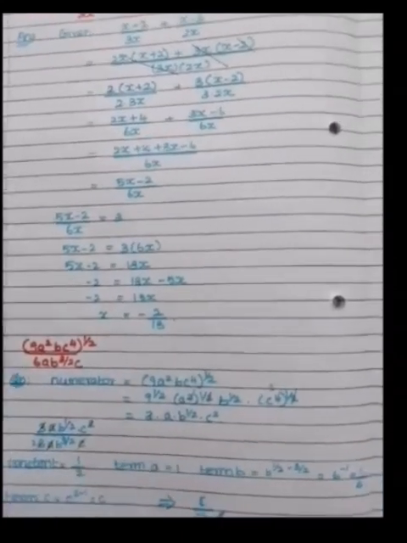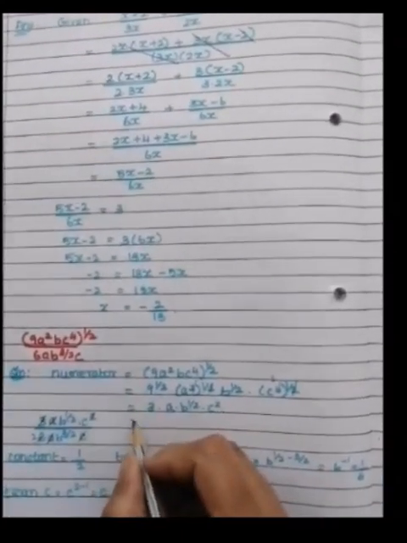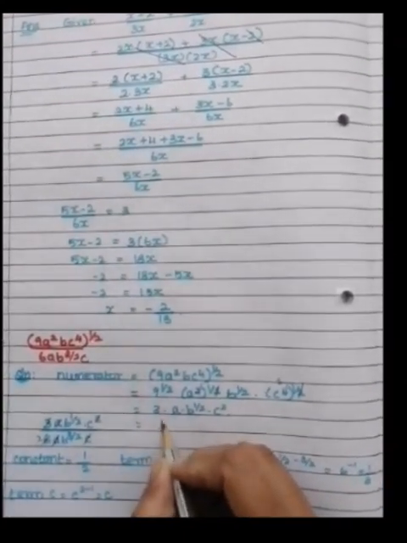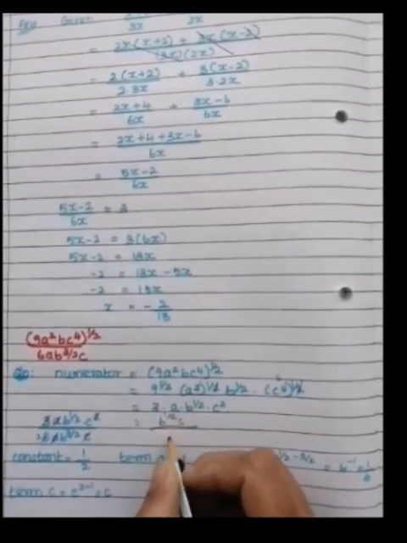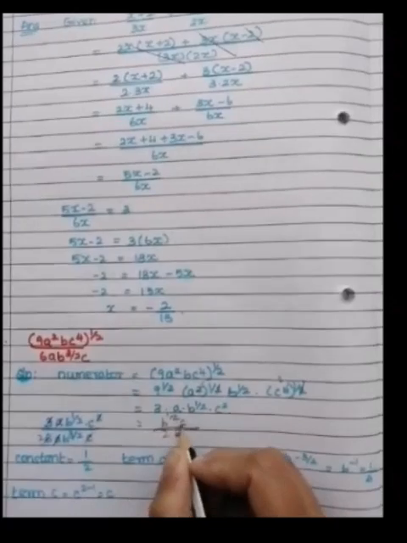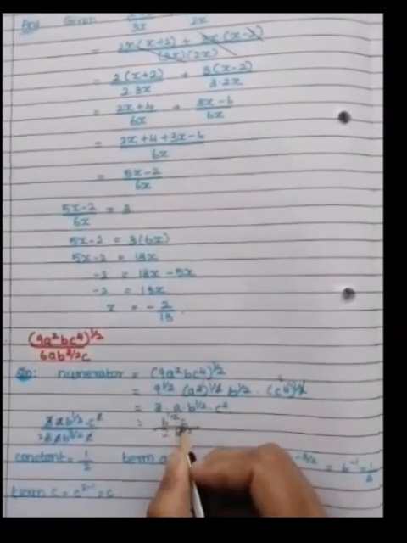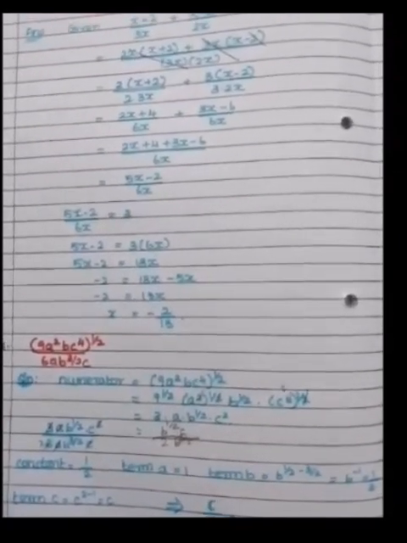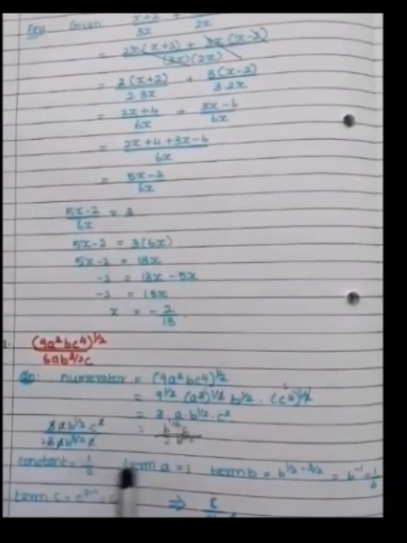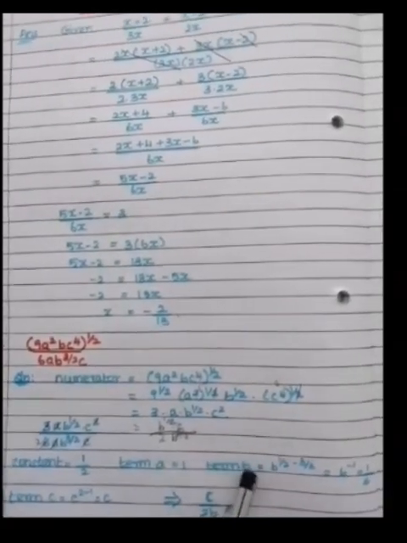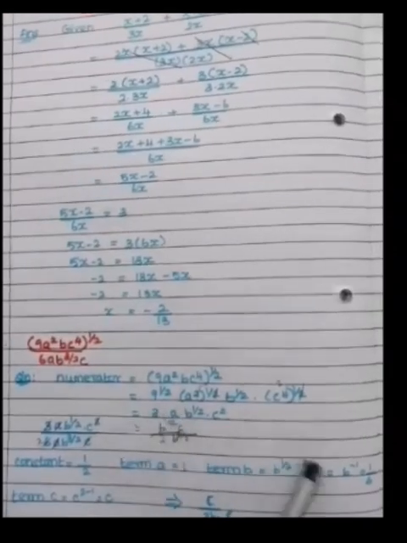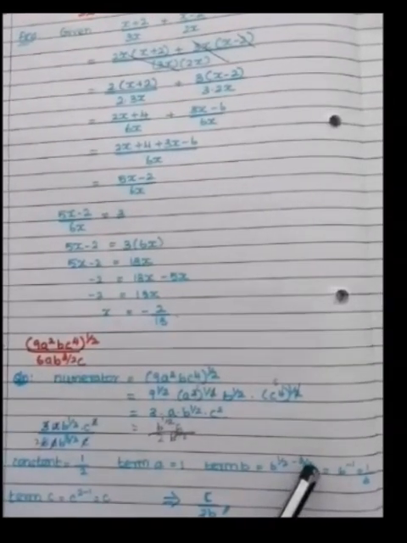The remaining term is b power 1 by 2 into c divided by 2 into b power 3 by 2. Constant value is 1 by 2. Term a is equal to 1. Term b is equal to b power 1 by 2 divided by b power 3 by 2.